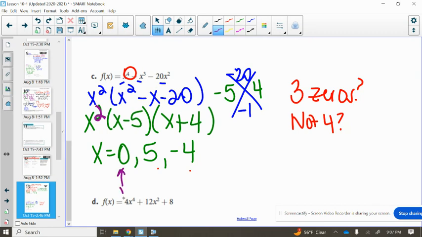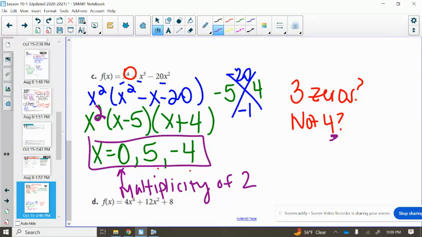So essentially, this zero has a multiplicity of 2, and it's almost like it's taking up 2 out of those 4 zeros, and that's why we only ended up with 3. So officially, it's because we're taking up 0 twice.